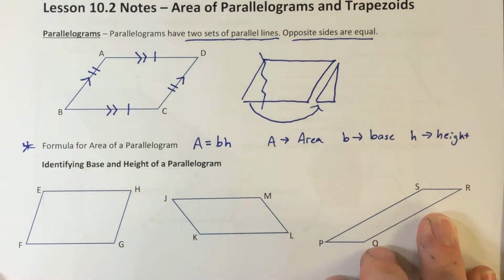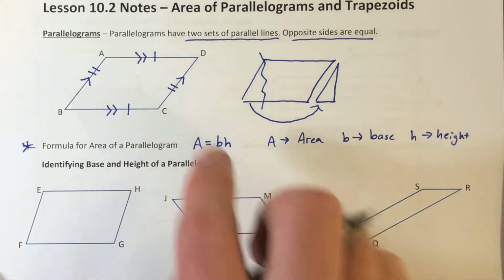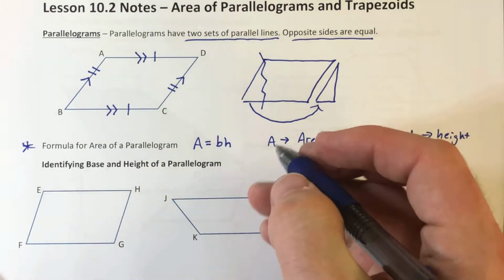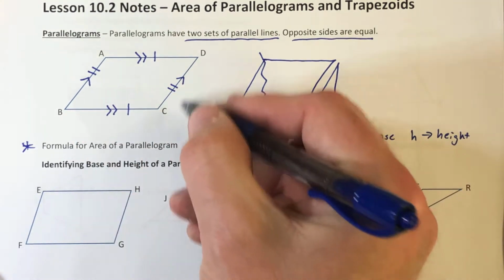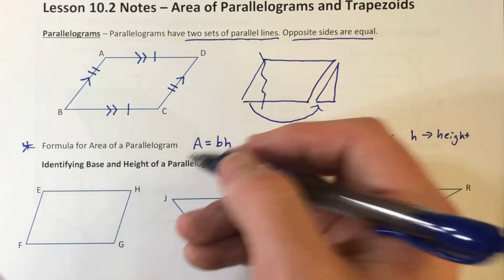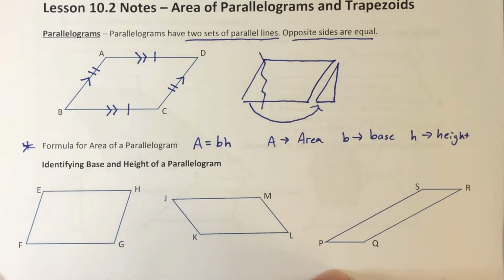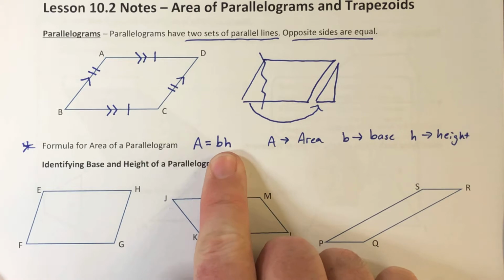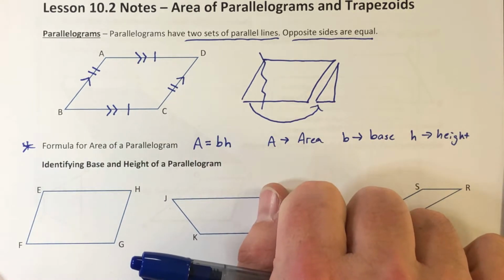Parallelograms don't necessarily have 90-degree angles. They can have the slanted, obtuse angles. So for that reason, we don't have lengths and widths. We simply have bases and heights. But it's very similar. So parallelograms, A equals BH. Again, that's similar to rectangles, A equals LW.